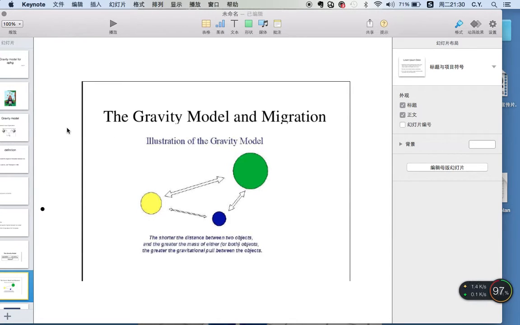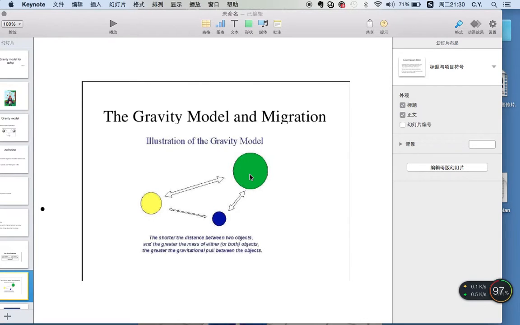And here is a picture example. In this picture we have a green city, a yellow city, and a blue city. The green city is the biggest and the blue city is the smallest, which means the green one has a greater population.